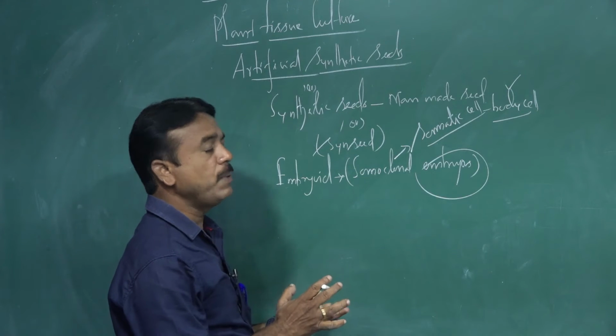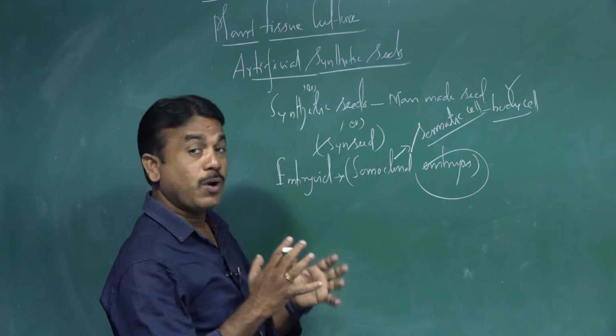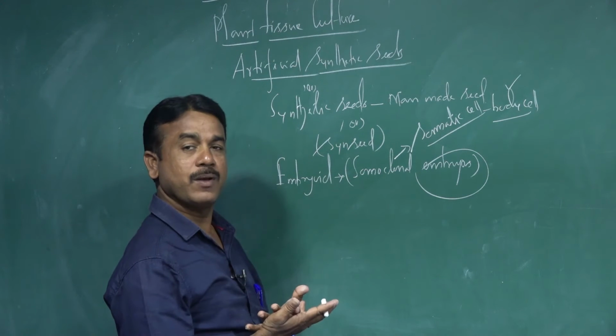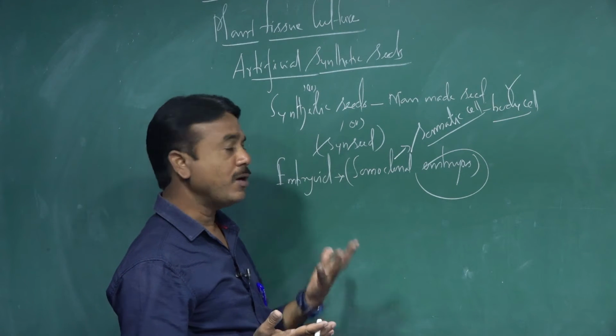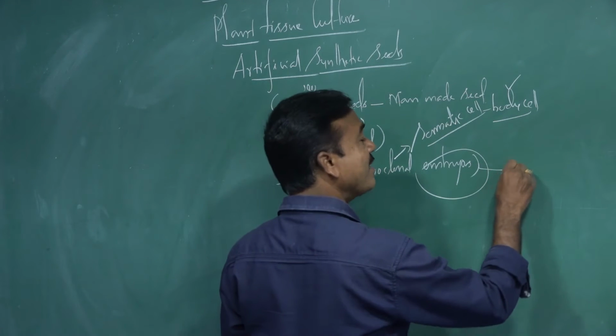How is that somaclonal embryo or embryoid derived, and from which cells can it form? The embryoid or somaclonal embryo is derived from a single cell.